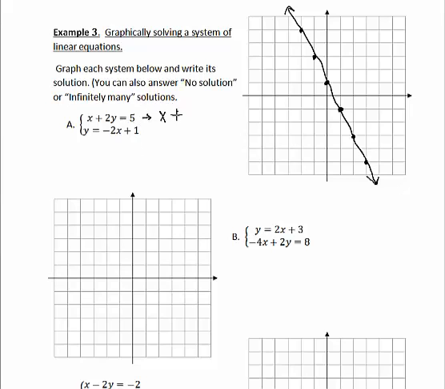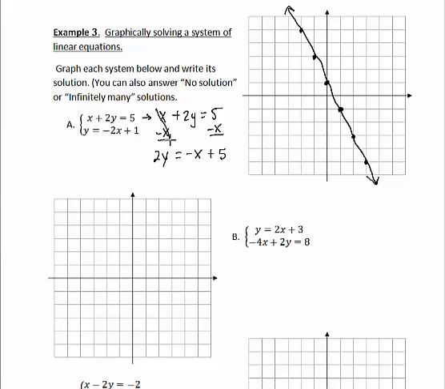We have x plus 2y equals 5. We need to get the y by itself. That's what it means to put the equation in slope-intercept form. So we subtract x from both sides. Okay, we're left with a 2y on the left.